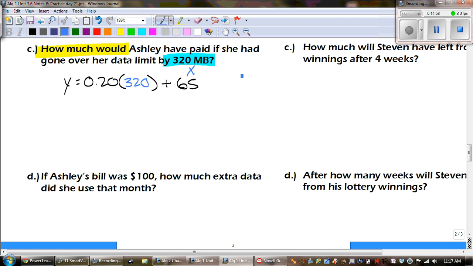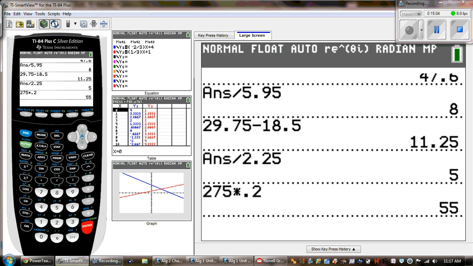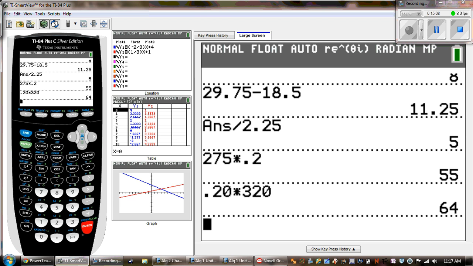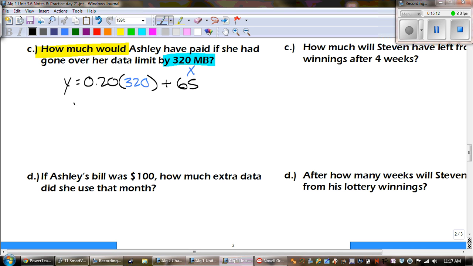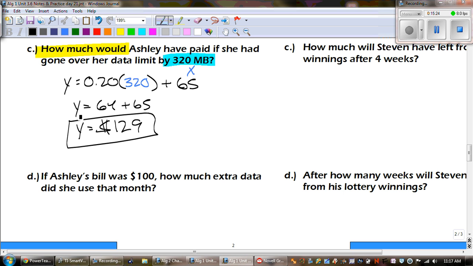Well, what's 320 times 0.20? I don't know. So 0.20 times 320, we get 64. So y equals 64 plus 65. And when you add those together, we're talking about total cost, and it ends up being $129.